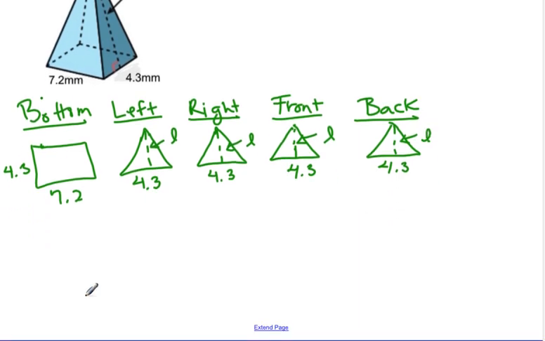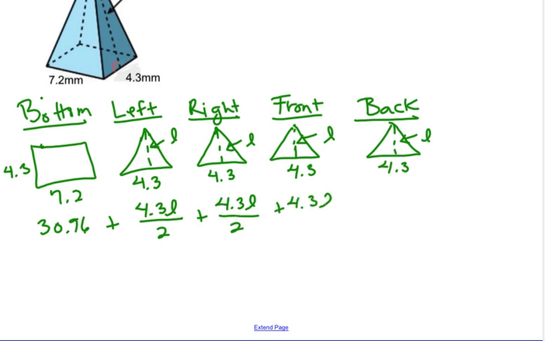So we have 4.3 times 7.2, which is 30.96, plus 4.3 times L, which is 4.3L, divided by 2, plus 4.3L divided by 2, because that's the formula for a triangle, base times height divided by 2, plus 4.3L divided by 2, plus 4.3L divided by 2.